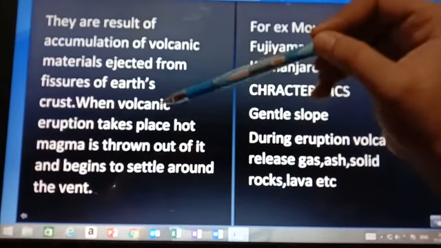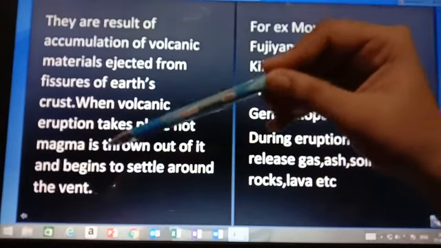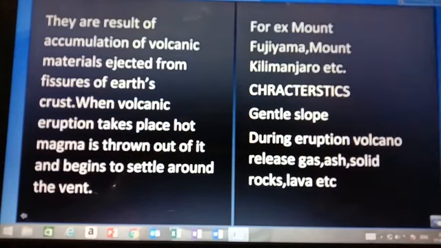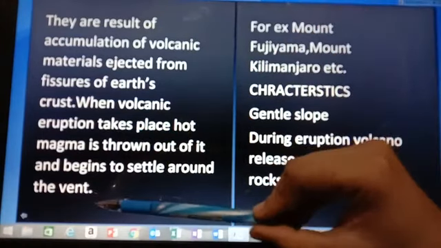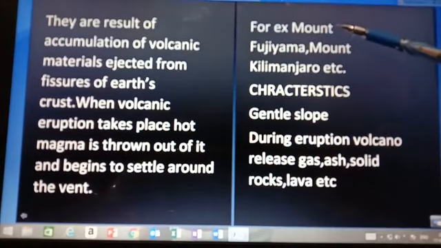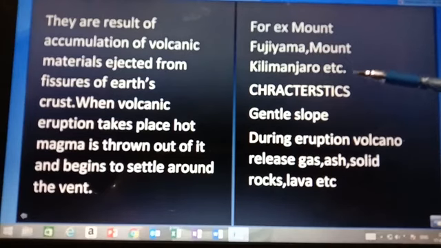When volcanic eruption takes place, hot molten magma is thrown out and begins to settle around the vent. Examples are Mount Fujiyama, Mount Kilimanjaro, and characteristics, they have gentle slope. During volcanic eruption, release of gas, ash, solid rocks, lava, etc. takes place.